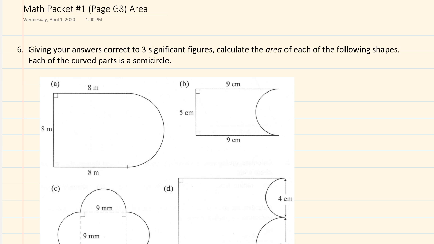And apparently in England they stress significant figures, which is a real thing that you will learn about later on in math. But for now, we're just going to interpret that to be 3 decimal places. It's not the same thing, but for our purposes, we'll just say decimal places.